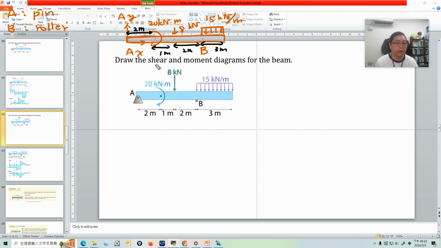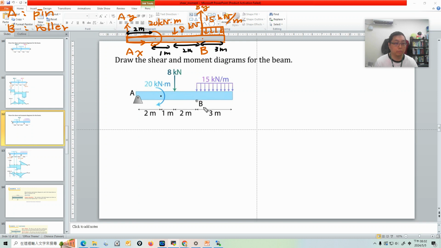And we have to keep using the rigid body equilibrium to calculate the reaction forces. There is a reaction force at B. Here is B, By.